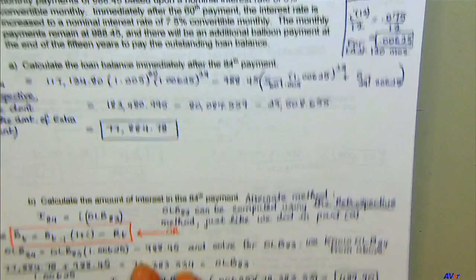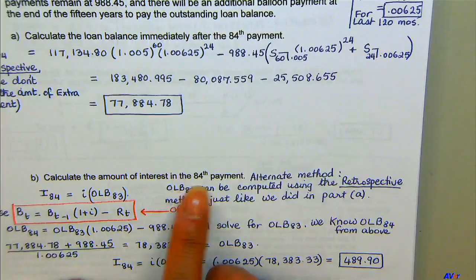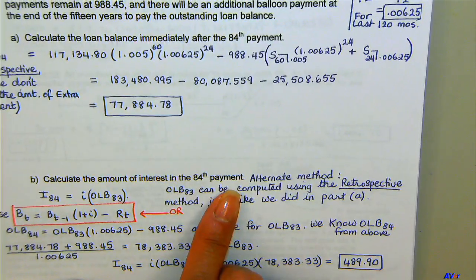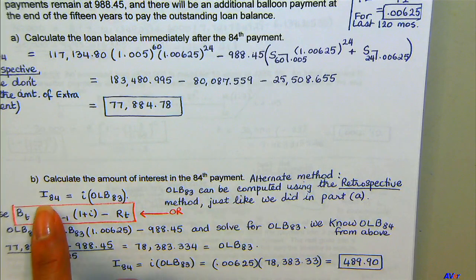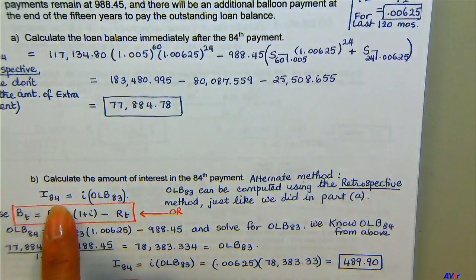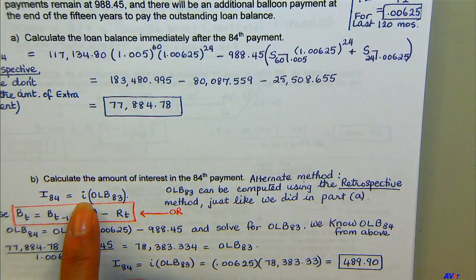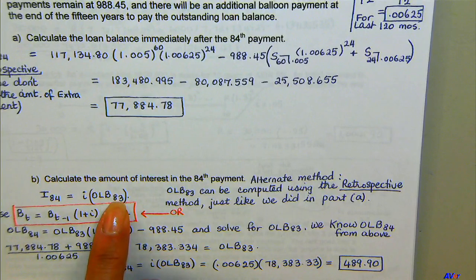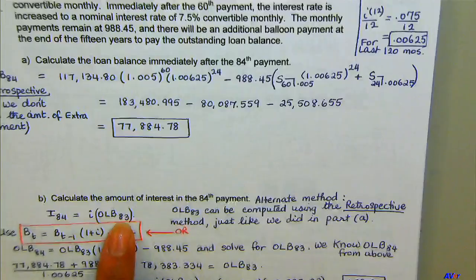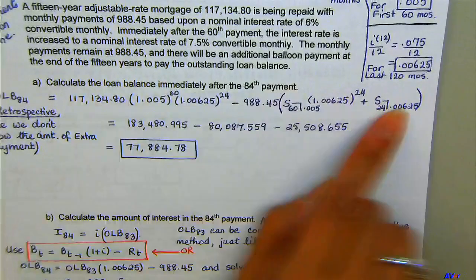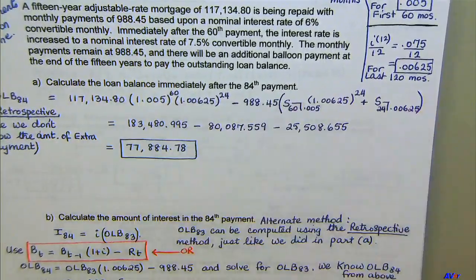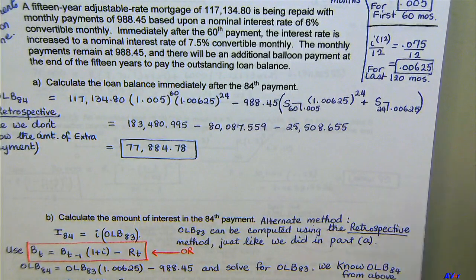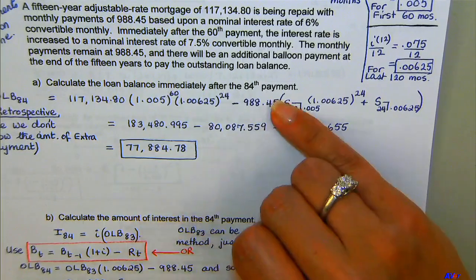Now I go to the next question, and it says, calculate the amount of interest in the 84th payment. For this one, I need capital I 84, the interest in the 84th payment, which is equal to lowercase i times OLB 83. But I don't know OLB 83. I would have to do this whole thing, something similar to this, for OLB 83. But not really if you know this other formula, which puts OLB 83 in terms of OLB 84.